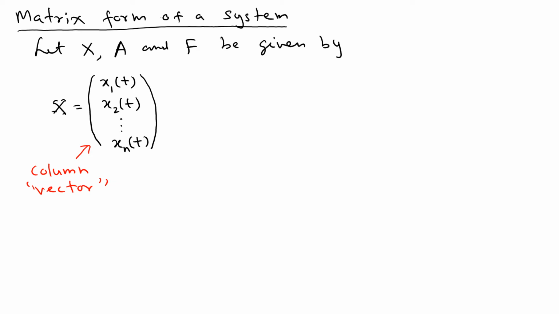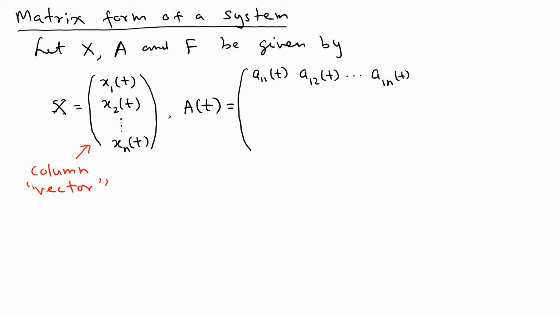And then similarly, we can define the coefficient matrix that we call A(t). So we're going to pick all those small a functions. That means a11(t), and then a12(t). The first number is the row number, the second one is the column number. So we have a1n(t).